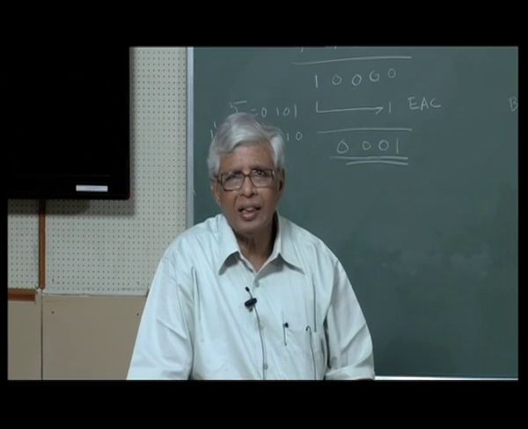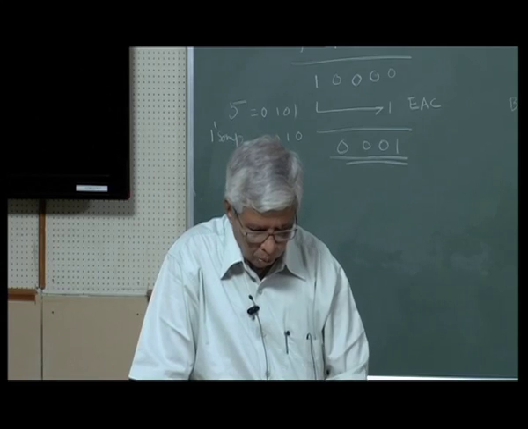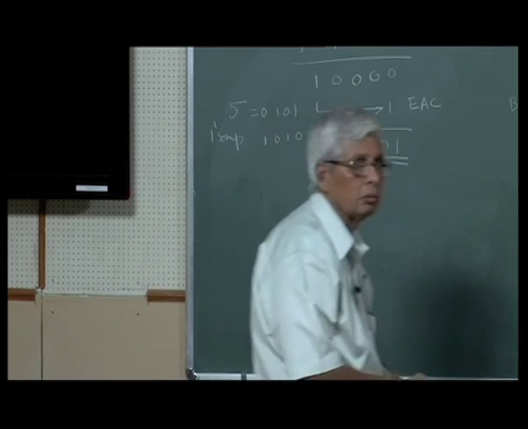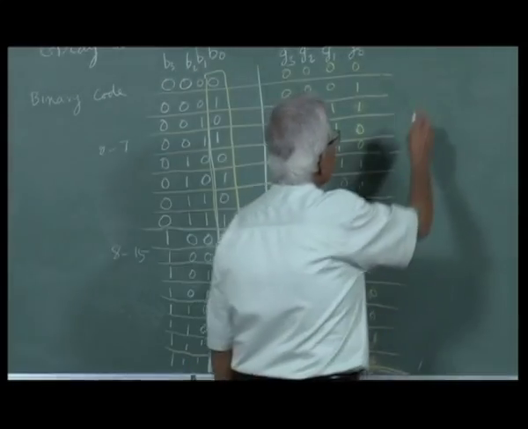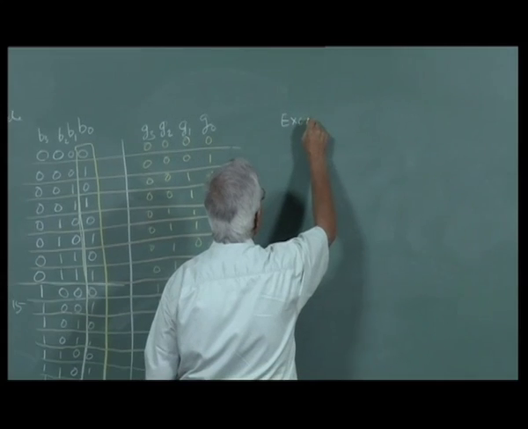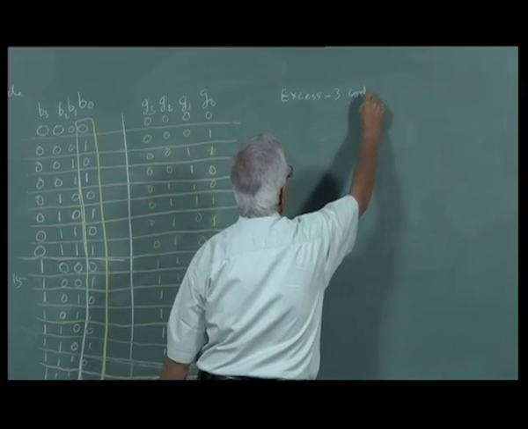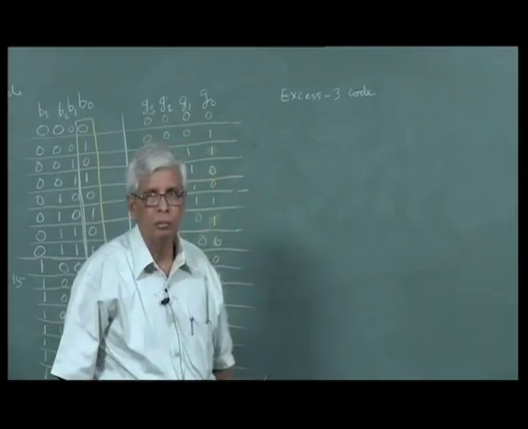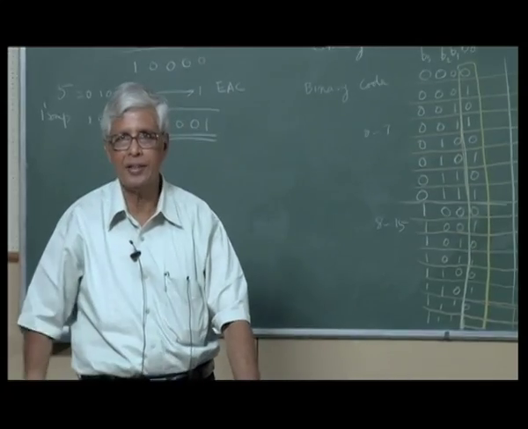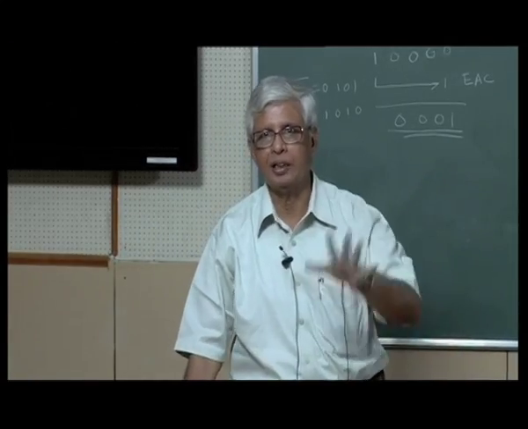So these are all standard codes people use all the time. Then there is one more code called the XS3 code. This is not a very special code. As the name says, it is XS3: the number plus 3.